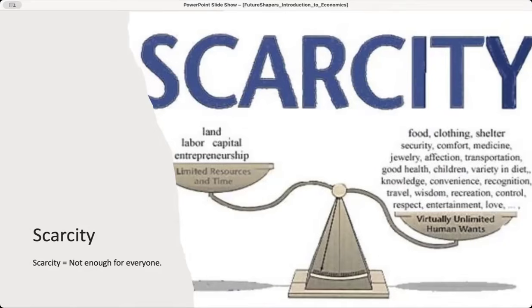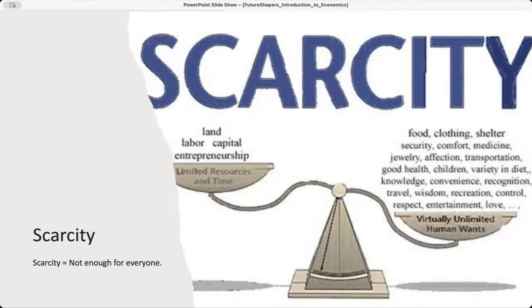What is scarcity? The fundamental problem in economics is the issue of scarcity and how best to produce and distribute these scarce resources. Scarcity means that people have unlimited needs and wants. So there is no end to these needs, these wants, and these expectations.